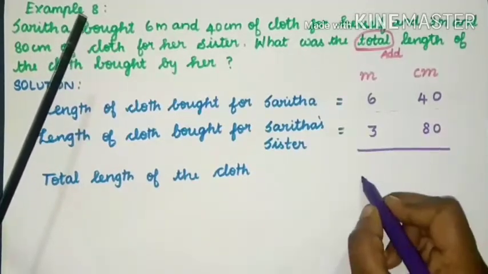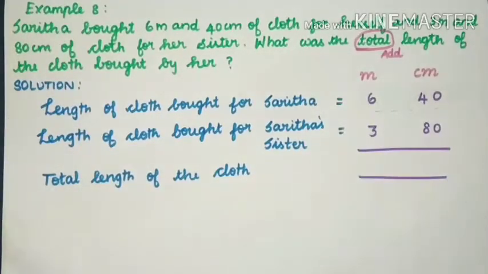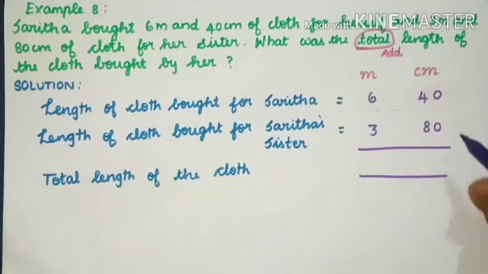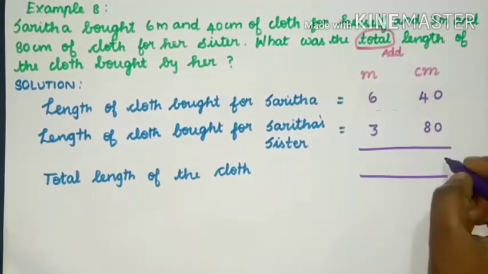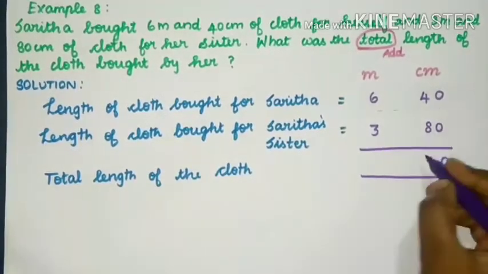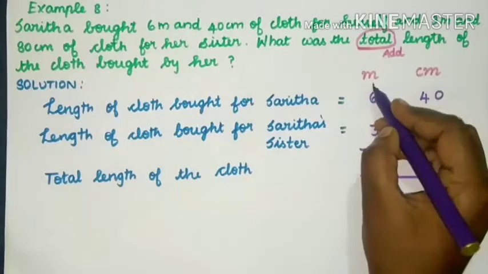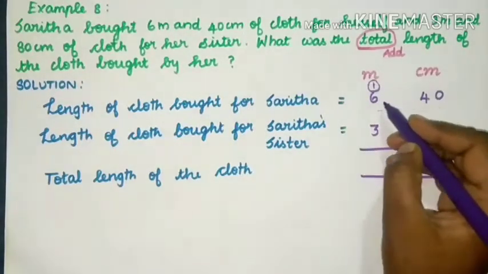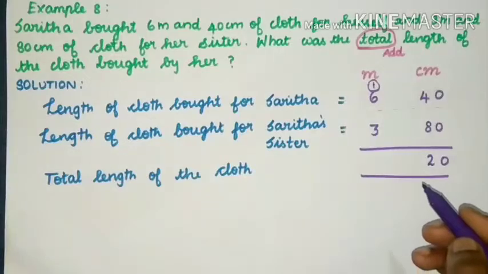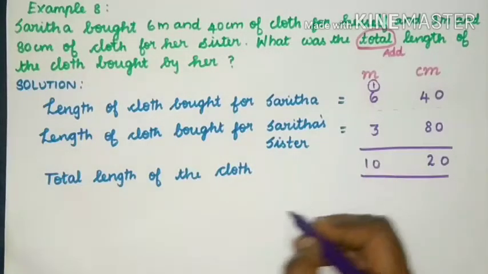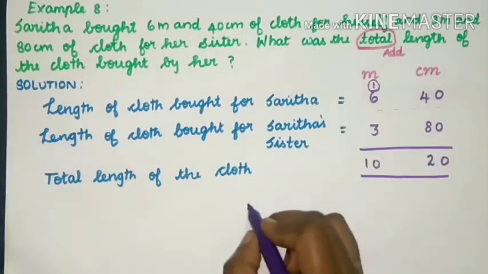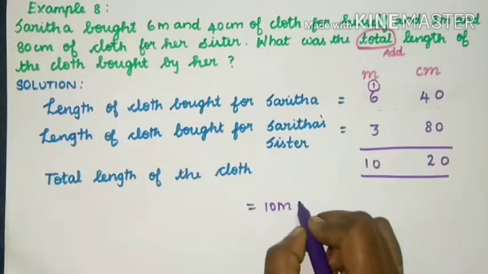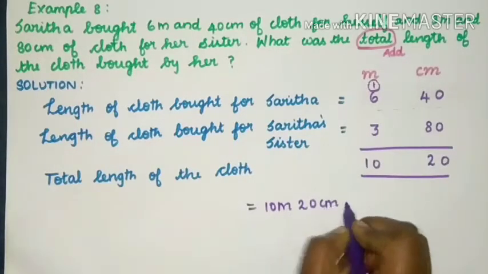To find the total length of the cloth, we have to add the given measurements. 0 plus 0 equals 0. 4 plus 8 is equal to 12. 1 is carry over. 1 plus 6 plus 3 is equal to 10. Therefore, the total length of the cloth is equal to 10 meter 20 centimeter.